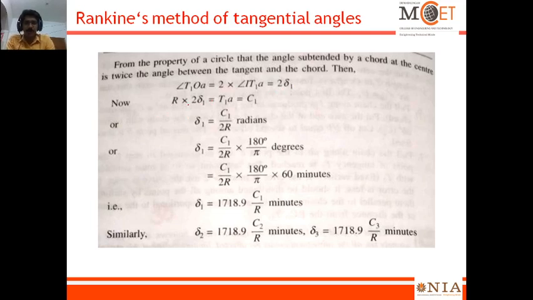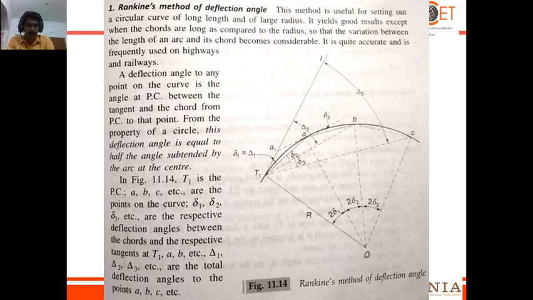Now R into 2 del 1 is equal to the chord length. What is the chord? Say T1A is the chord, right? This chord subtends an angle 2 del 1, and these are tangents. This is the chord, this is the radius of the curve. So R into 2 del 1 is equal to the chord length T1A.